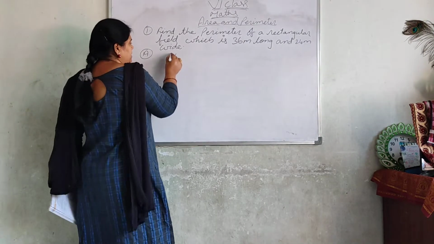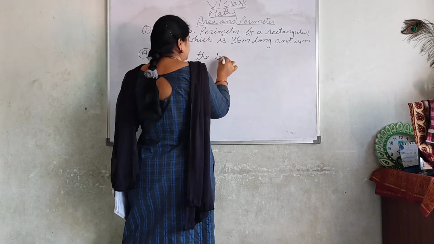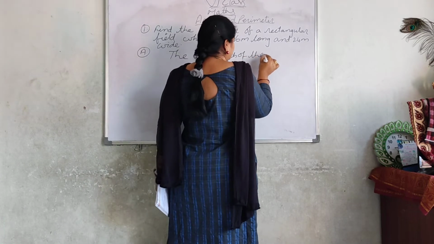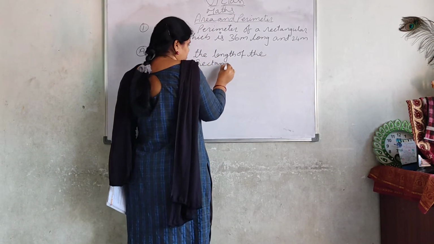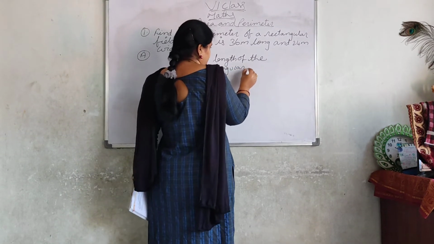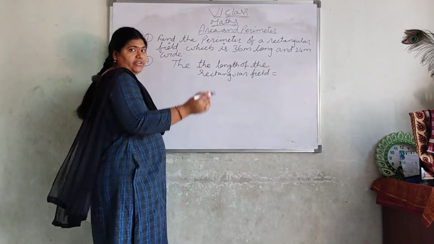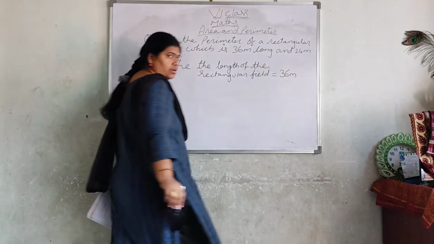Now the length of the rectangular field, how much is given? 36 meters. Okay.